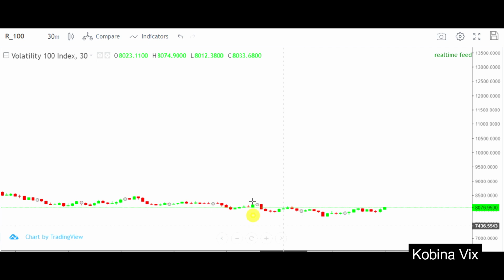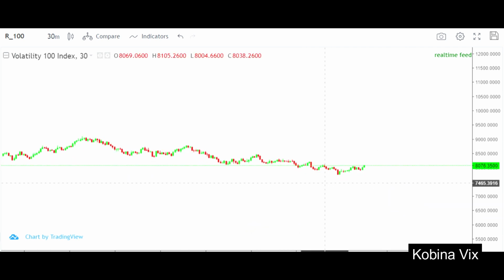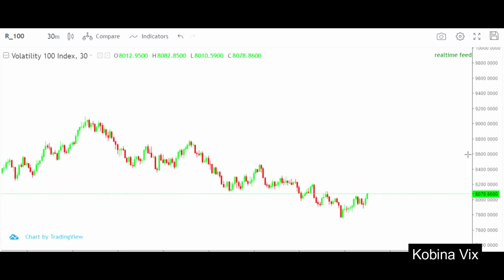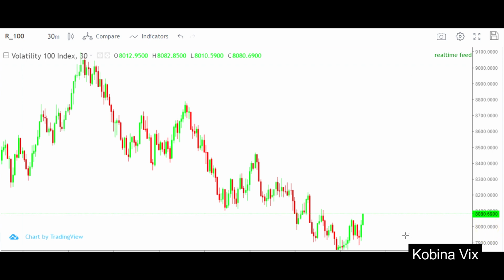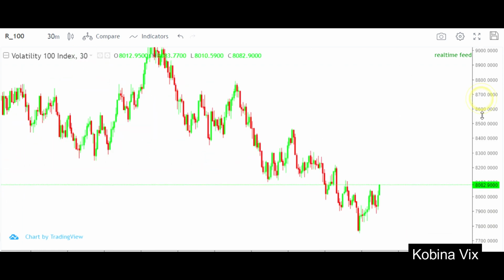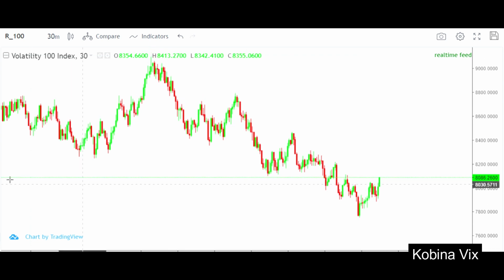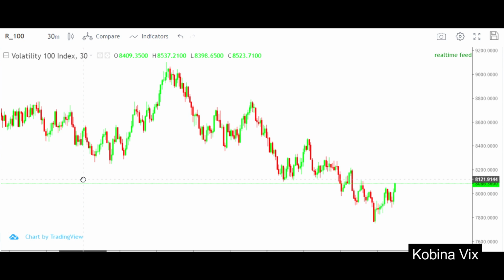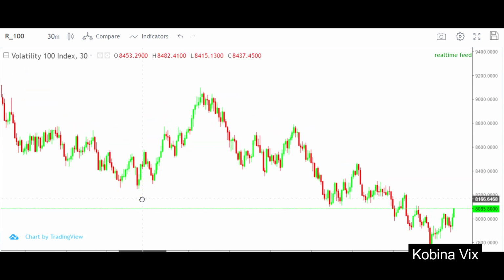Whenever there is a shift in market structure, there are a few things we should note. It should guide you to know when the market has broken the structure and has failed to continue that direction.